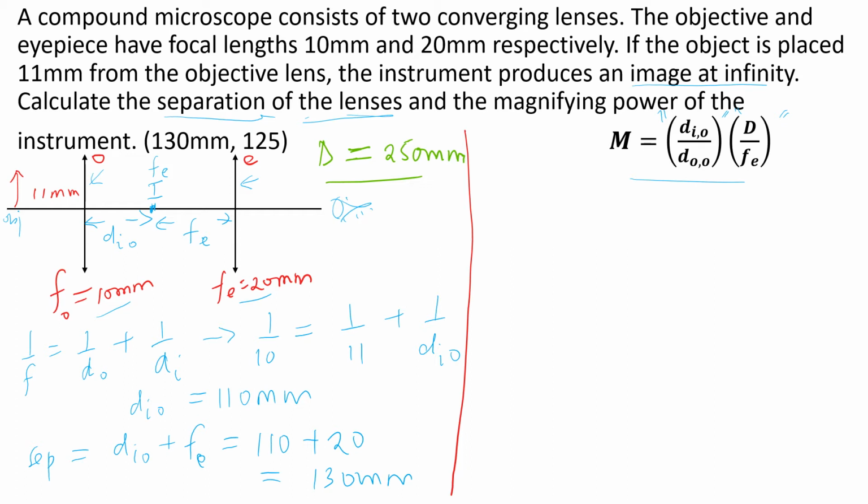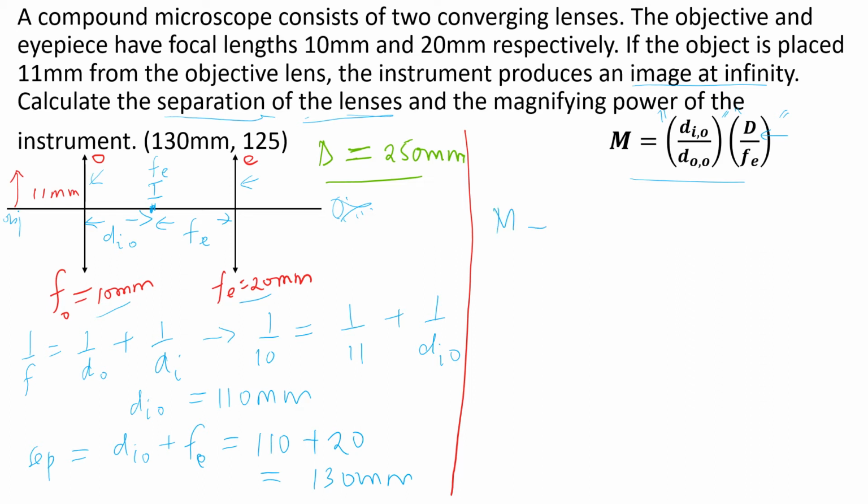Then we got the last part of the question. Calculate the magnifying power of the lens. We already have the formula and we have everything. Let's feed in. Here D is the least distance of distinct vision. Since our measurements here are in millimeters, we shall not use 25 centimeters but instead 250 millimeters.